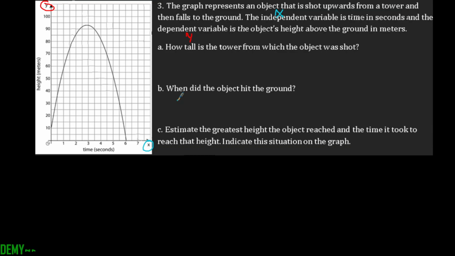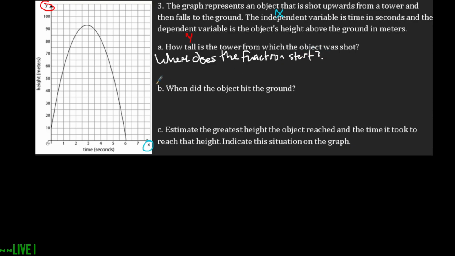So in part A, it says how tall is the tower from which the object was shot. Two other ways we can say that is, where does the function start?